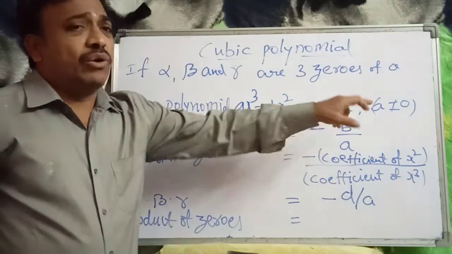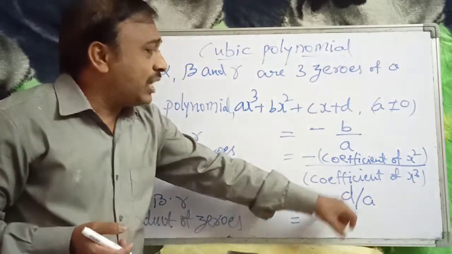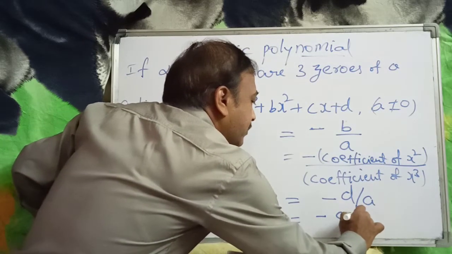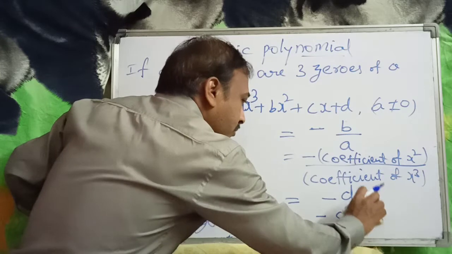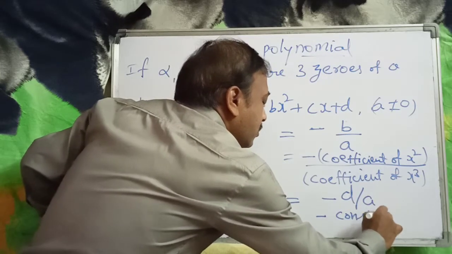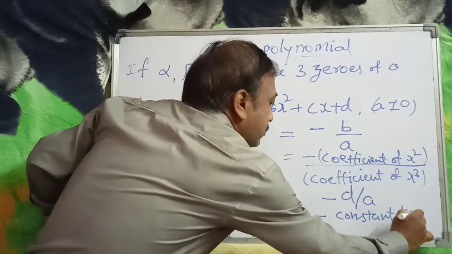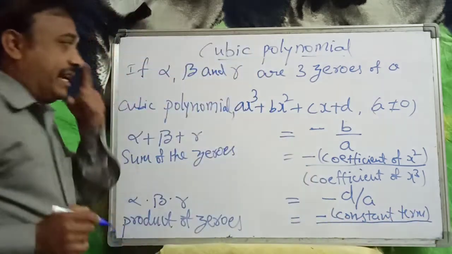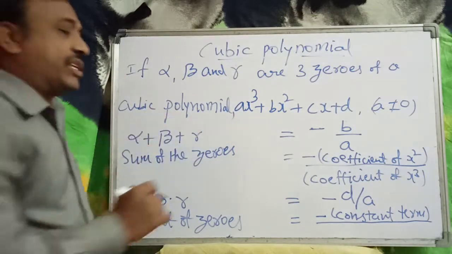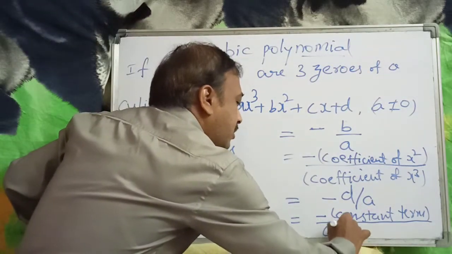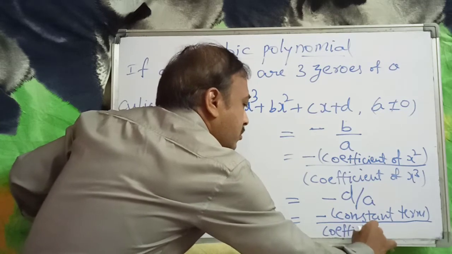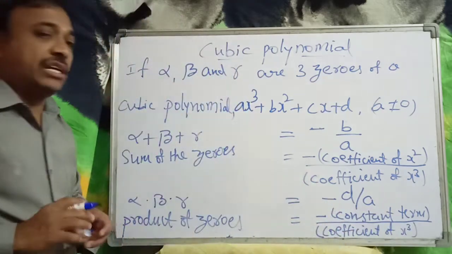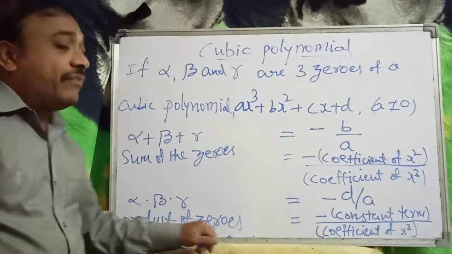What is d? d is the constant term. So minus the constant term by a, and a is the coefficient of x cube. This is the product of the zeros.